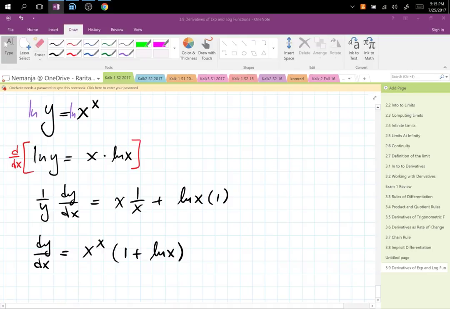Now, if you jump to the next page, the problem that I told you we're going to work on is somewhere over here. There it is, x raised to the tangent x. This problem appears over and over again in Calc 1 and Calc 2, and it goes down the line.